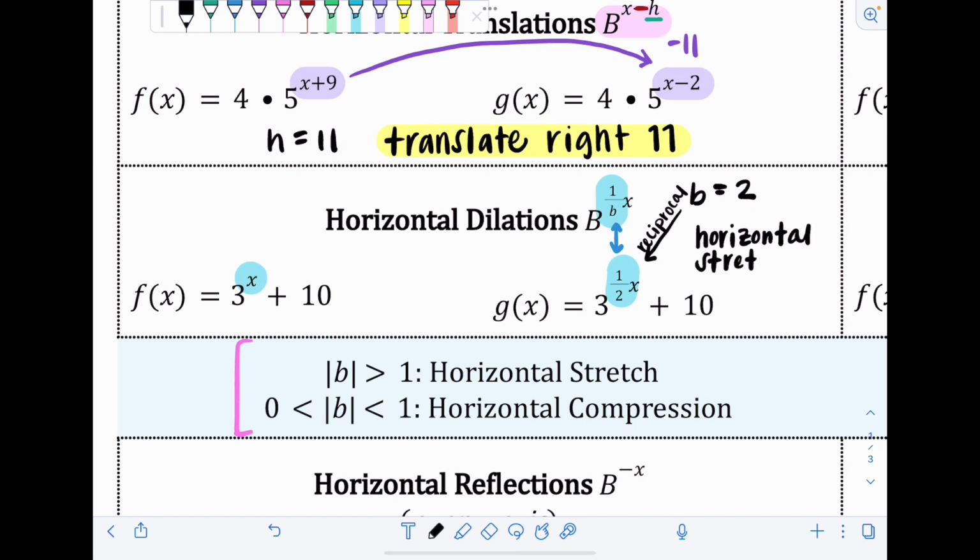I'm just going to shorten it: horizontal stretch by 2. And then before we move forward, if you have a scale factor that's between 0 and 1, like a half or 1/3, that would be a horizontal compression.